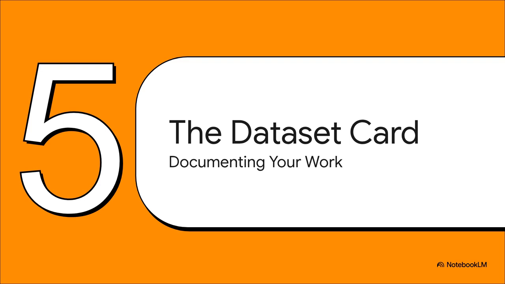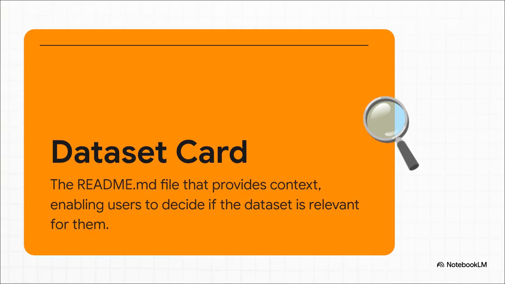Our dataset is now public, but our quest isn't quite over. There's one final, absolutely crucial step. We need to leave a map for the future adventurers who find our treasure so they can understand it and trust it. And that map is the dataset card. The dataset card is basically the README file for your data. It's your chance to provide all the context.